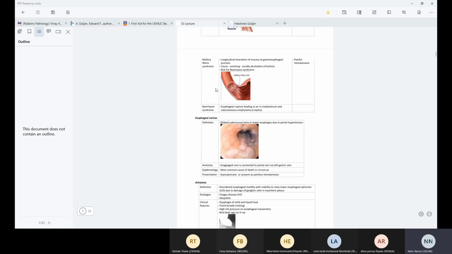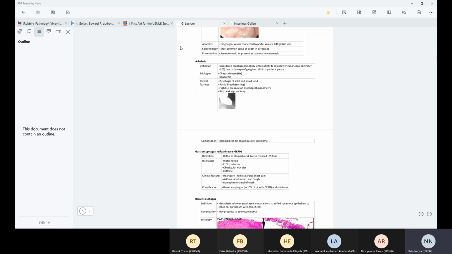Clinical signs are here. Mallory-Weiss usually is related to alcoholism, vomiting, but painless. But painful hematemesis we find in esophageal varices, and usually it is associated with portal hypertension. Never ever forget it. Achalasia is high yield. It is a precancerous condition. Pathogenesis is important.